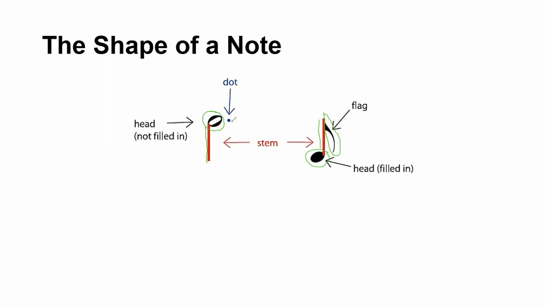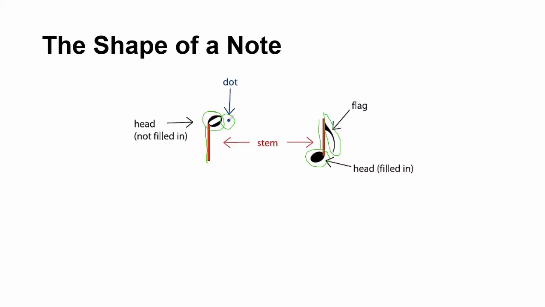And then a music note can have a dot. Now this dot always follows the head of the note. Sometimes you may see some other dots in other places, but those other dots have different names. They're not specific to the note. But when we describe a note as having a dot, that dot follows the head.